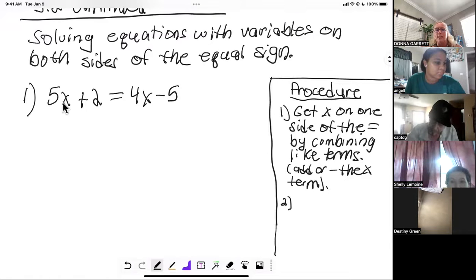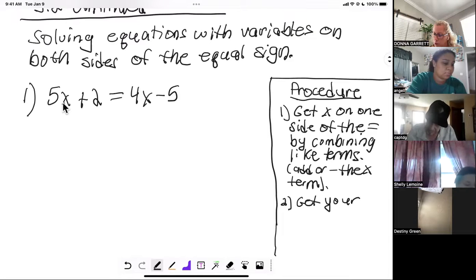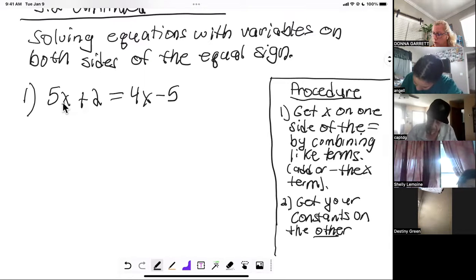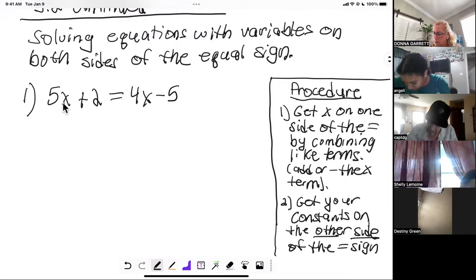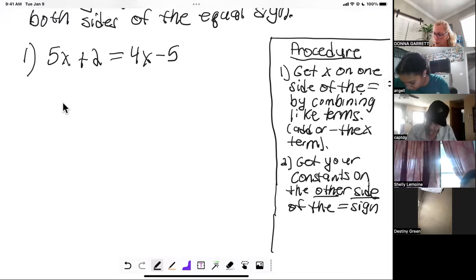But as long as x is on one side of the equal sign, then you're going to get your constants, your numbers, on the other side of the equal sign by adding or subtracting and combining like terms.